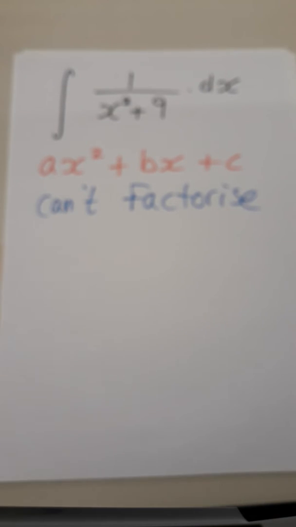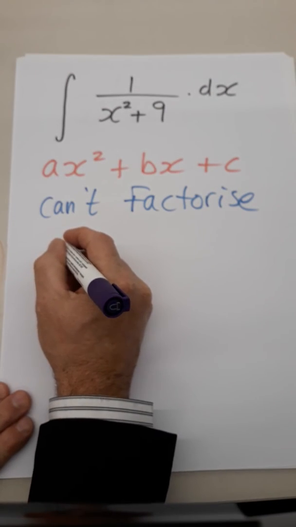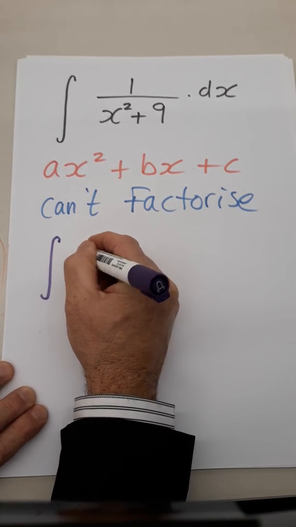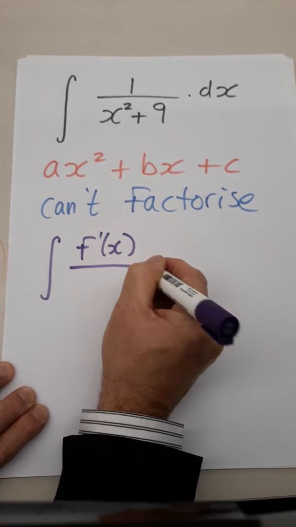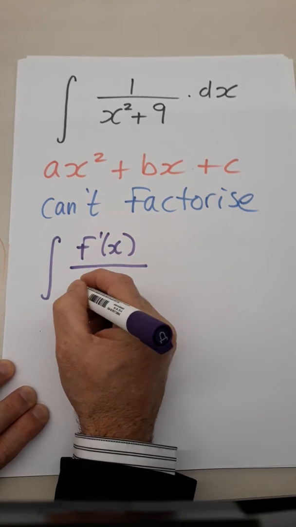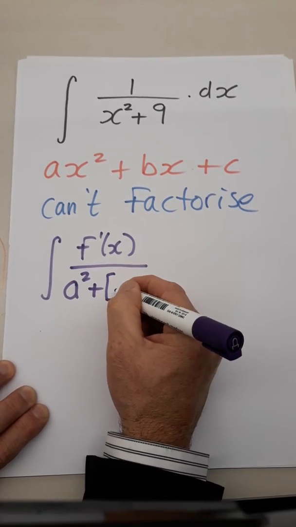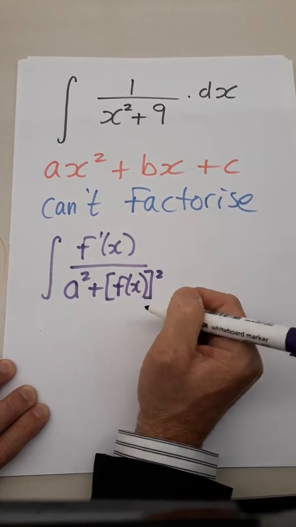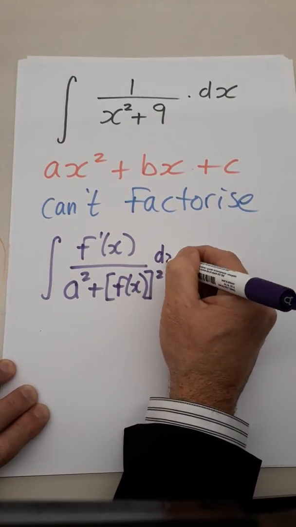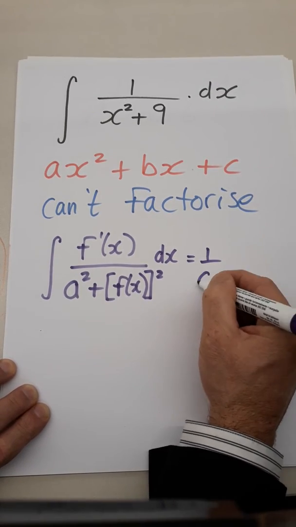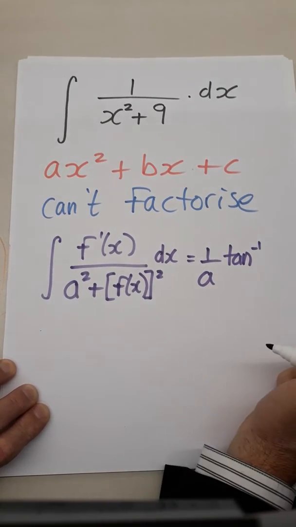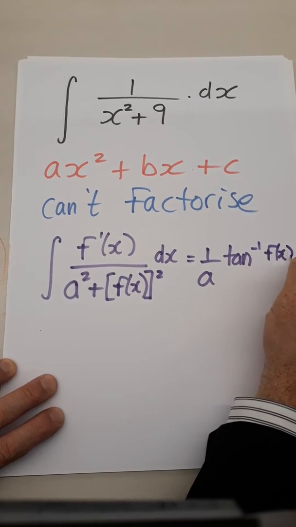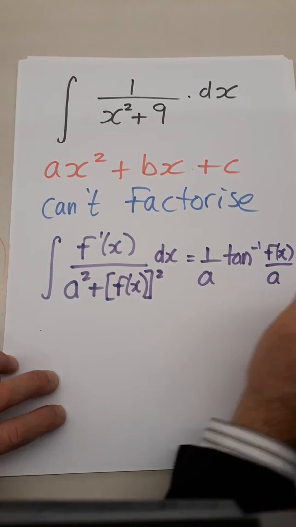So the rule that you would see for inverse tan on your formula sheet is that the integral of f dash x on a squared plus f of x squared dx is equal to 1 on a inverse tan f of x on a plus c.